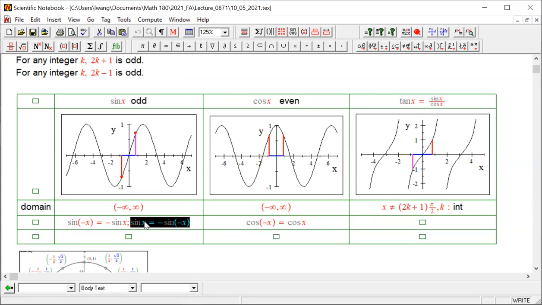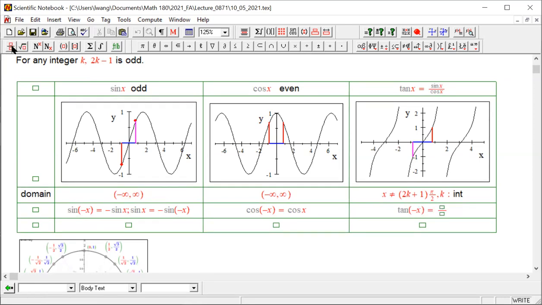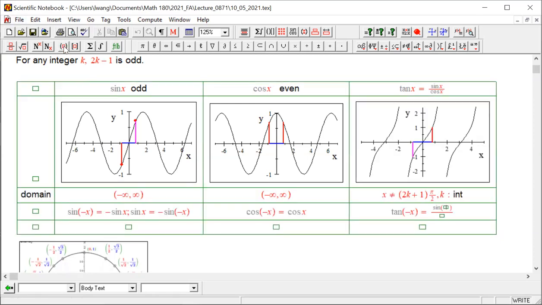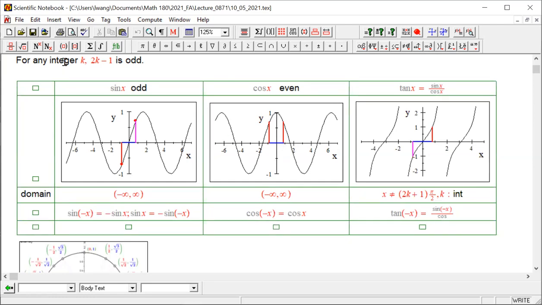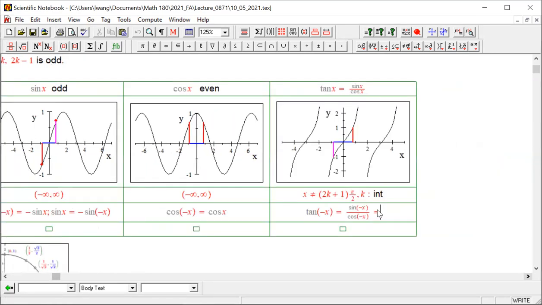How about tangent? Is tangent even or odd? We know it's odd, right? So let's look at it algebraically and see if we can derive that it's odd. You start with tangent of negative x, so then you have sine of negative x over cosine of negative x. Do you guys see that clearly?